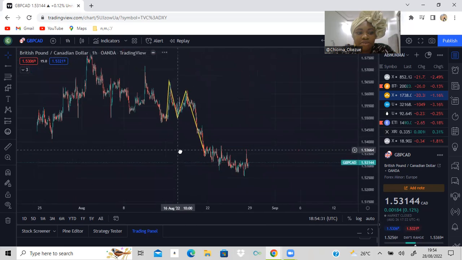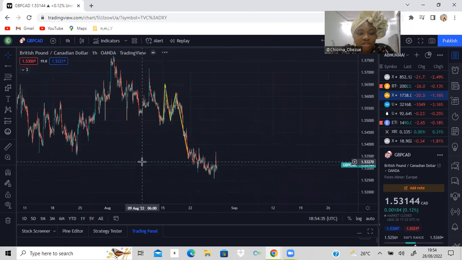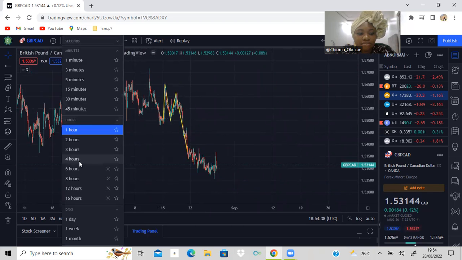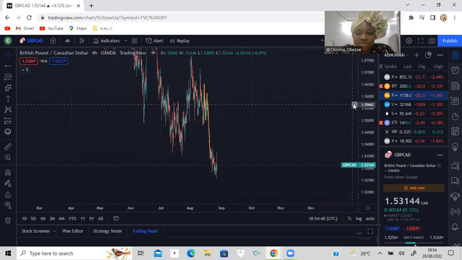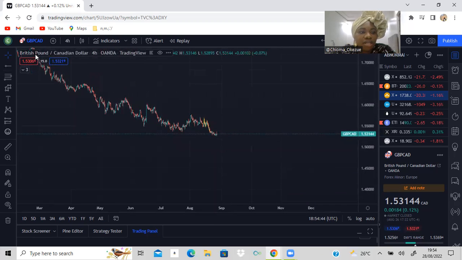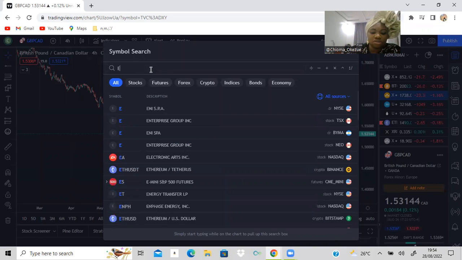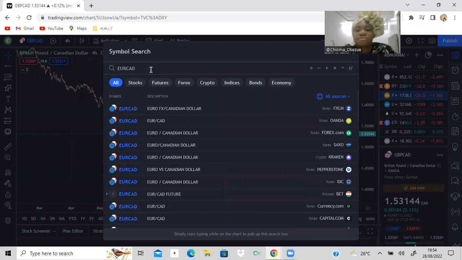Wow, the GBP card is something we might have to wait some time for. Okay, let's leave the GBP card and look for something quick. Let's do the Euro card and see what is going on with it.